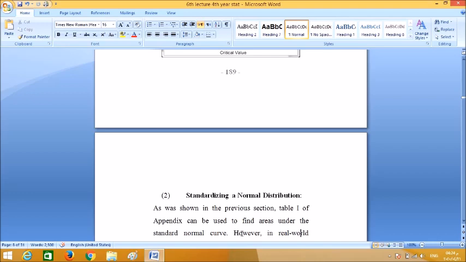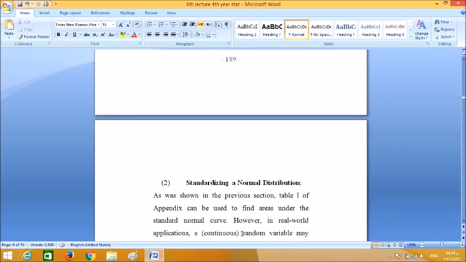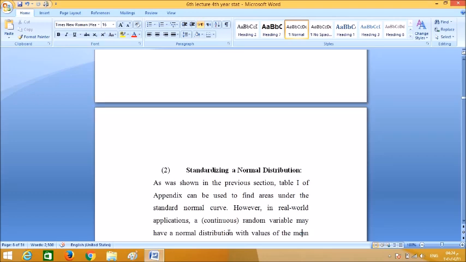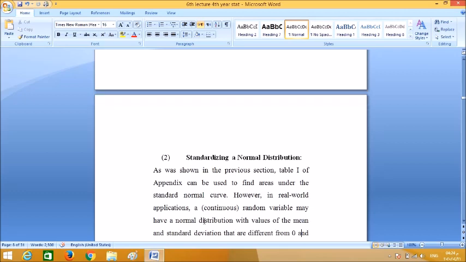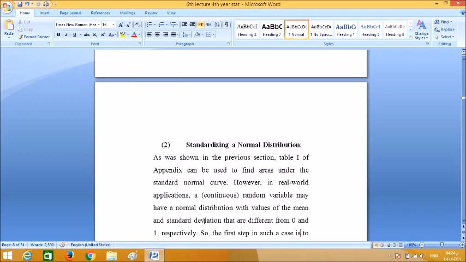However, real world applications of continuous random variables may have a normal distribution with values of mean and standard deviation that are different from 0 and 1 respectively.